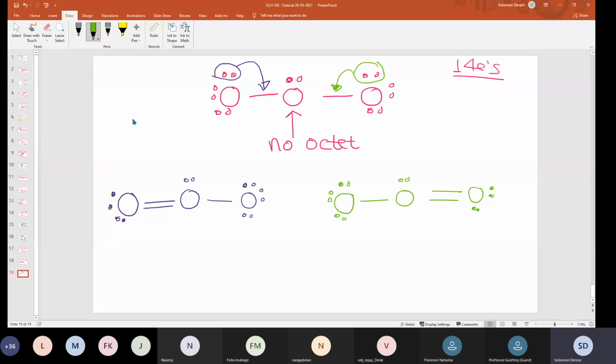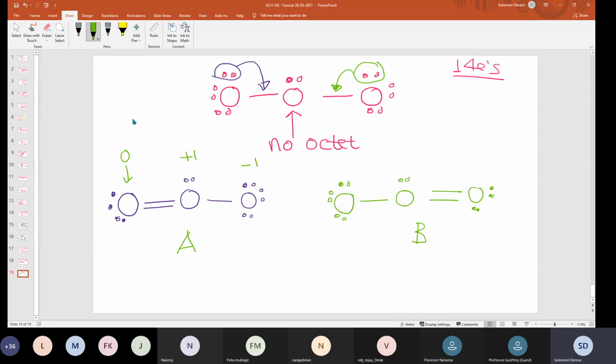So these are the two possibilities. Let us compare the two structures so that we can have a preference. Let me say this one is A and the other one is B. If I determine the formal charges, I will find that this one is 0, this one is +1, while this one is -1.